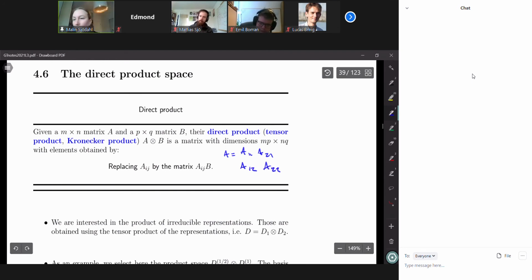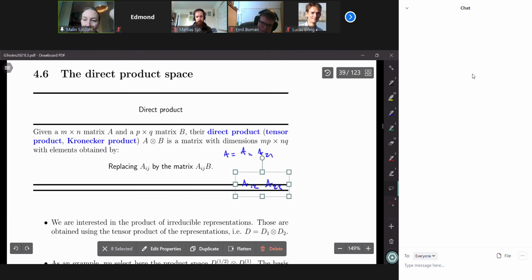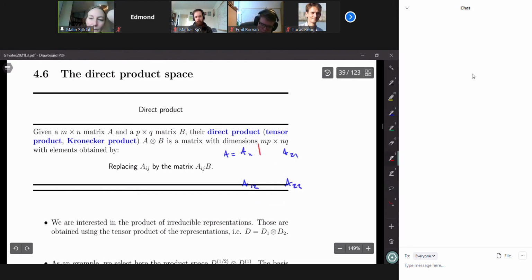what is happening then is that we make this matrix bigger and insert the matrix B everywhere. So this is then the matrix B, this is then the matrix B, and this is then A times B. And we see that we have this block structure of this matrix.